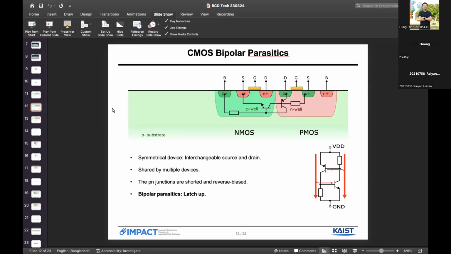So the BCD process is something you have only studied at most so far. The BCD process has two different parts: the CMOS and then the DMOS. I think you haven't studied it yet, so it's quite hard.